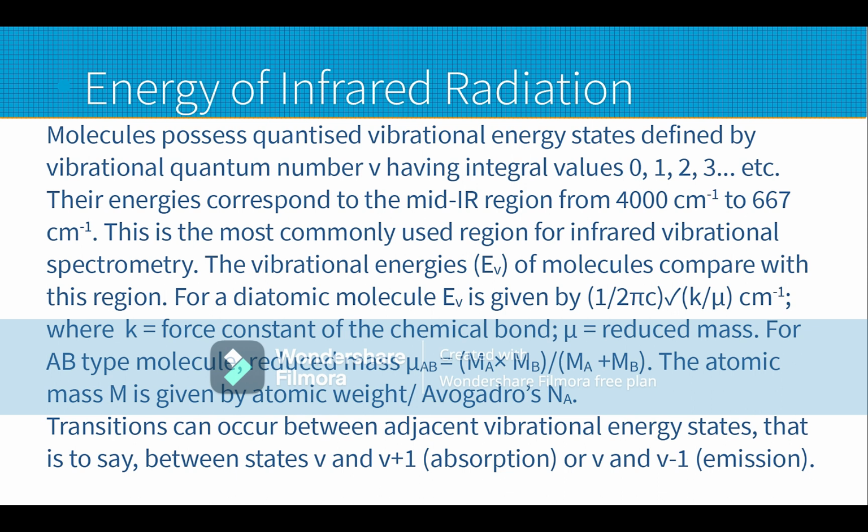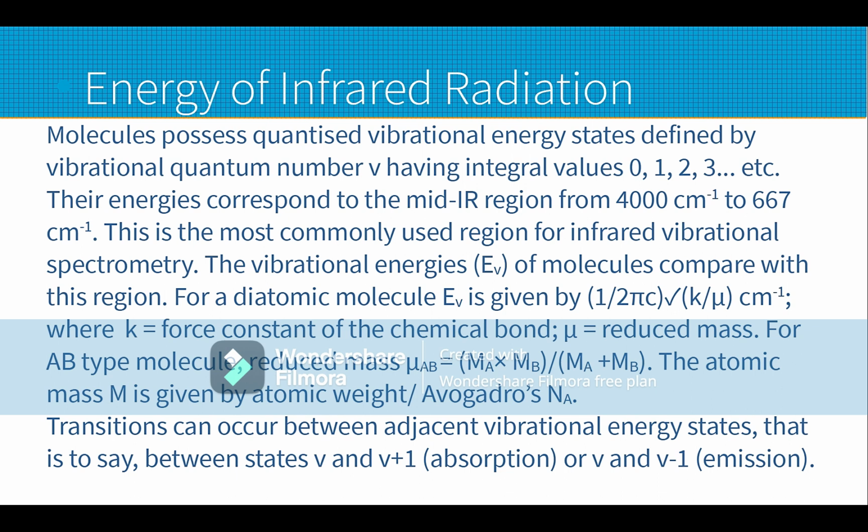This is the most commonly used region for infrared vibrational spectrometry. The vibrational energy is indicated sometimes by capital E, subscripted small v. V indicates the vibrational quantum number. So the energies of molecules compare with the mid-infrared region.